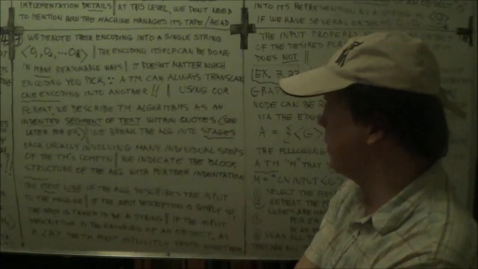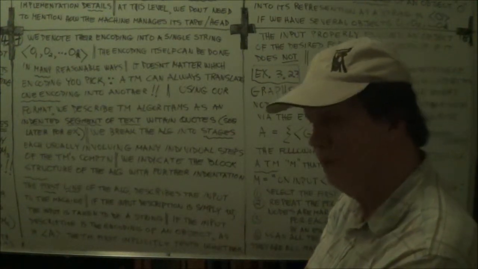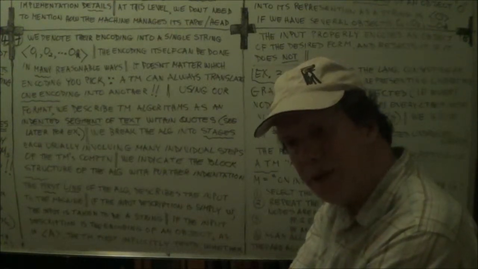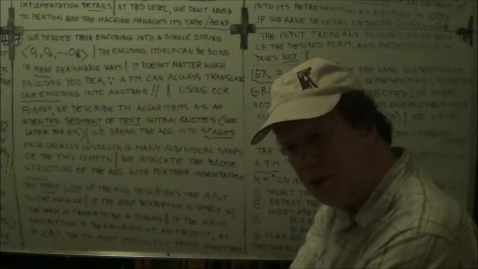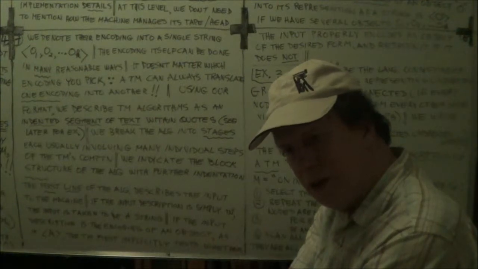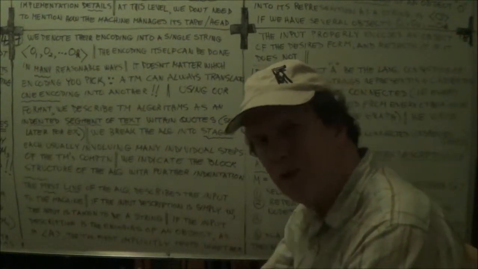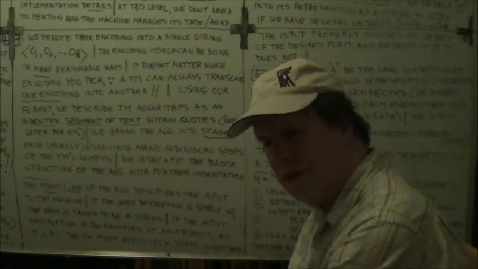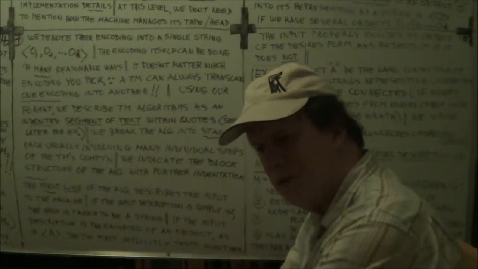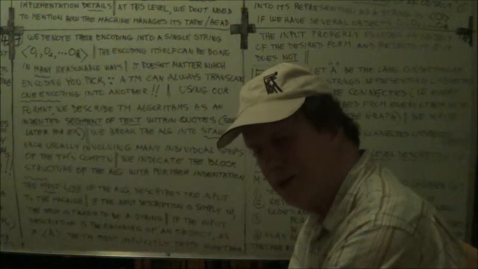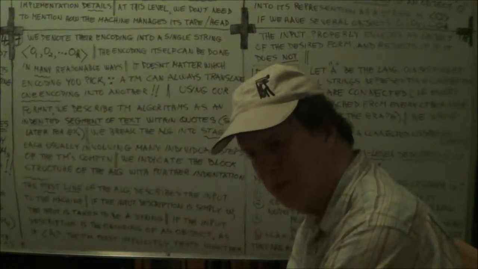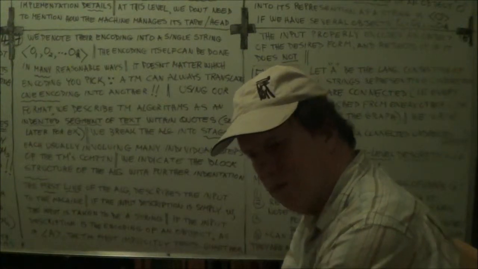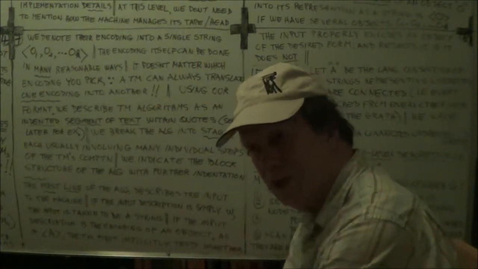Now we're talking about a standard format, a standard way to describe an algorithm, in other words, a Turing machine algorithm. How do you write down, how do you describe the algorithm that the Turing machine goes through in its various stages?